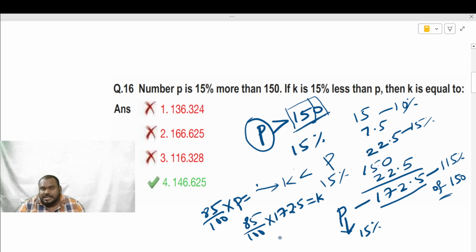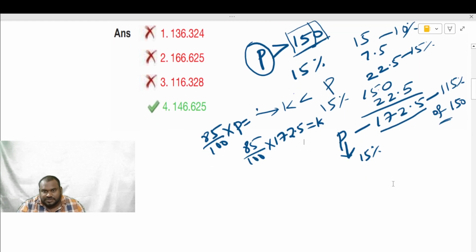Now we just multiply 172.5 with 85, and later I'll divide with 100. I'm removing this point also.